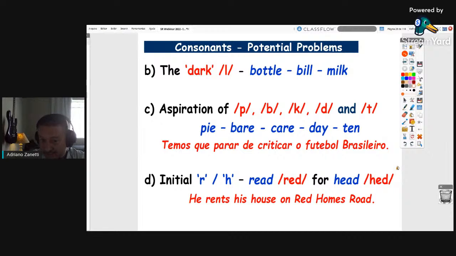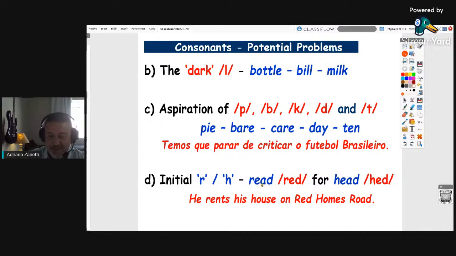Now what I'm doing here is using the aspiration of the consonants as well as the rhythm and intonation of English or European Portuguese. And as I mentioned before, the r and h.